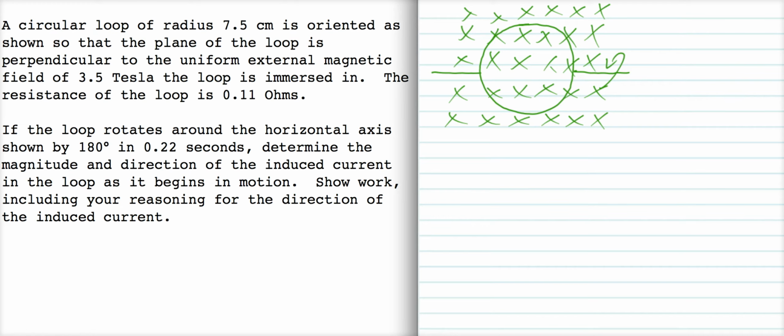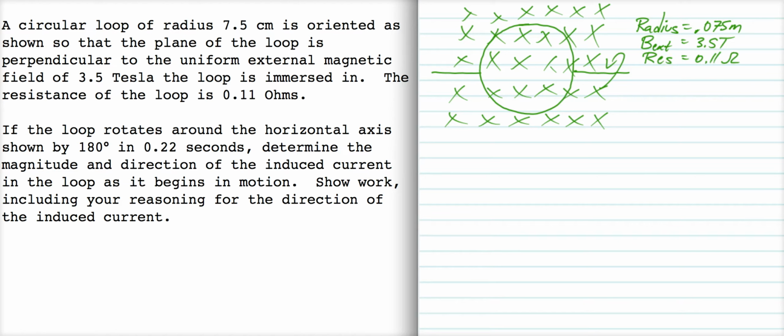Okay, so let's see, we're given that the radius of this loop is 0.075 meters, and the external field that the loop is immersed in is 3.5 Tesla. The resistance in the loop is 0.11 ohms.